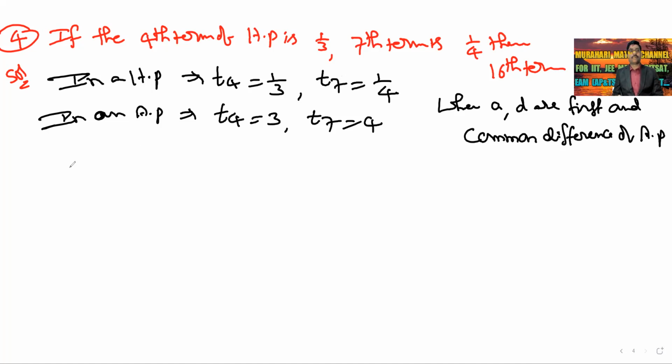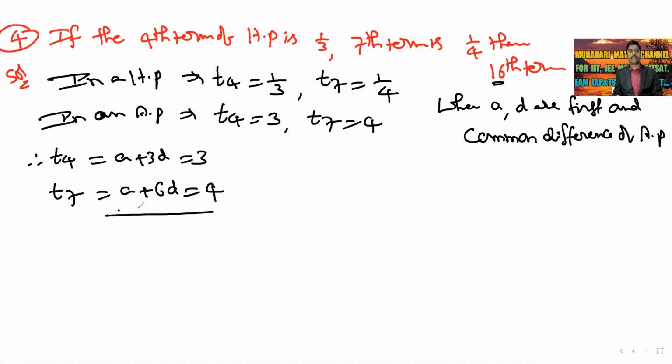Our target is the 16th term. So T4 is equal to A plus 3D equal to 3. T7 is A plus 6D is equal to 4. Let us simplify by subtraction. A gets cancelled. So minus 3D is equal to minus 1. Therefore, D is equal to 1/3.